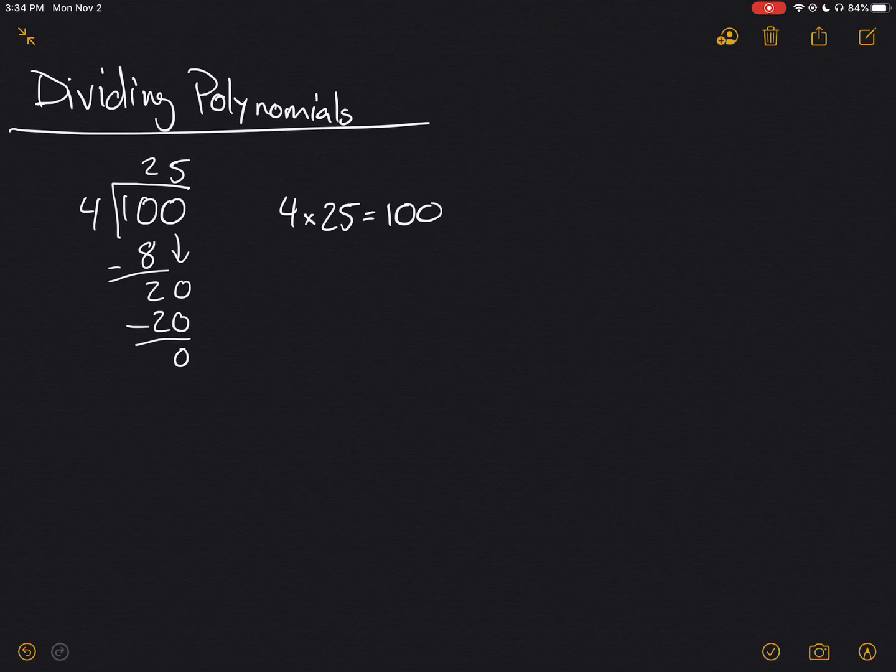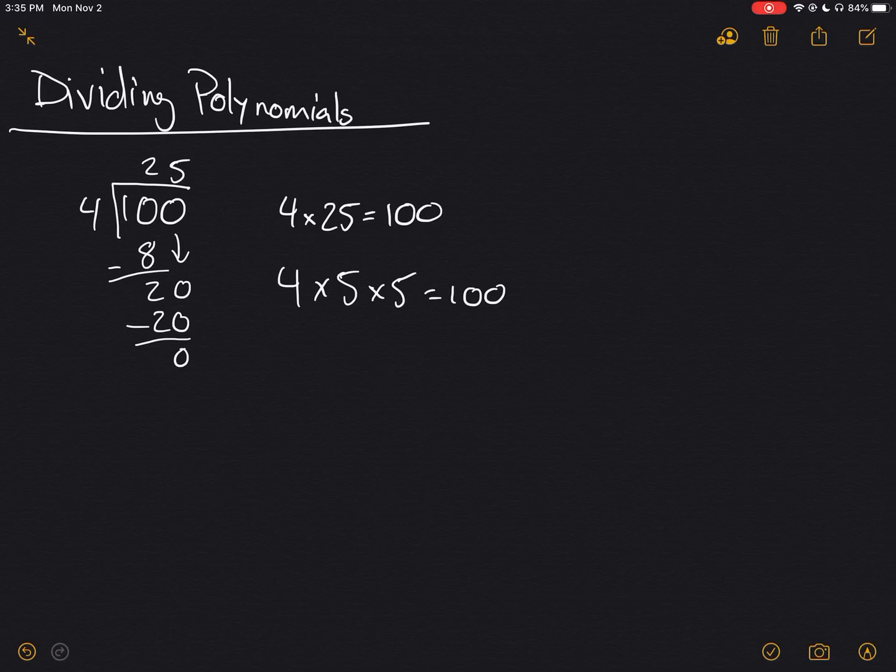So I could then take 25 and factor something out of 25. And if I were to factor something out of 25, then maybe I'd have 5 times 5, and so on and so forth, right? Same idea here where I'll take a polynomial and I can factor out one binomial, and I can keep doing so.